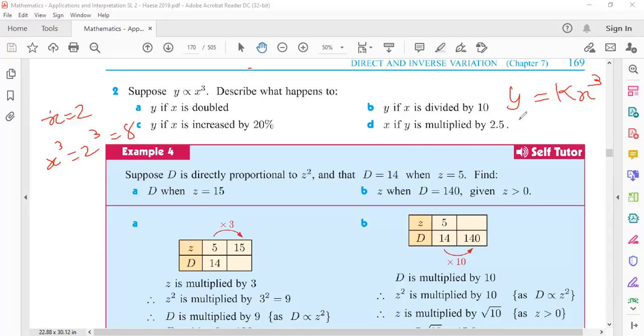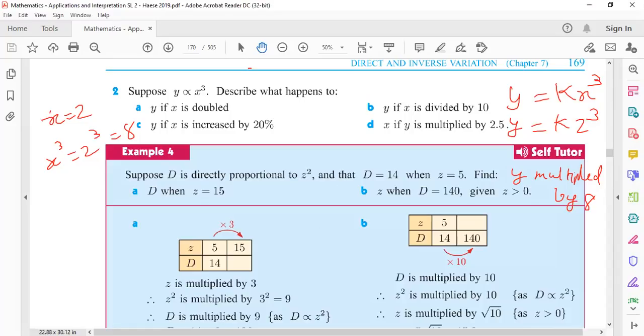So y is multiplied by 8. Oh, okay. y becomes 8 times. So if I make x 2 times, y becomes 8 times because of that cube. So in C, would Y increase by 80%?